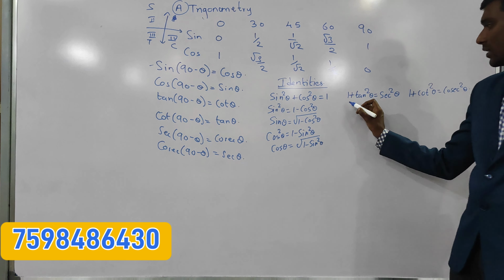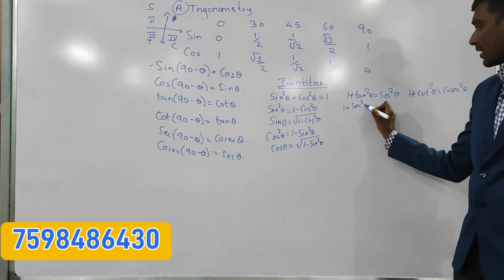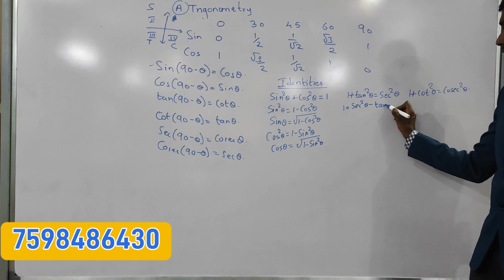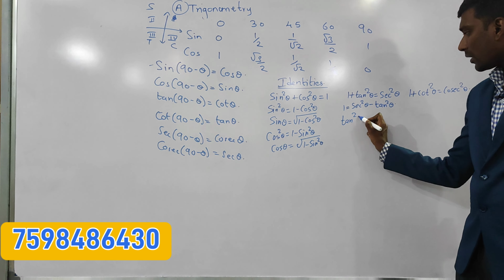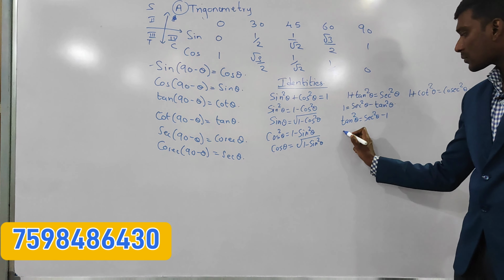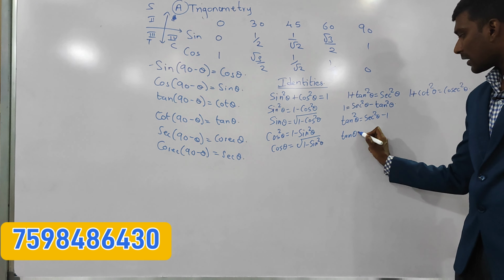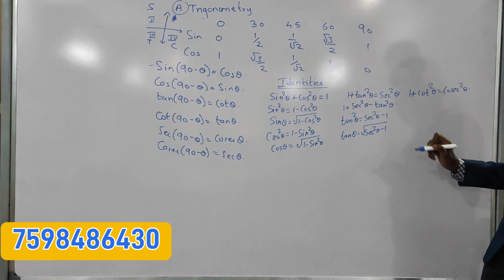Next, here if you see, this can be written as 1 is equal to secant square theta minus tan square theta. Otherwise, tan square theta can be written as secant square theta minus 1, and tan theta can be written as square root of secant square theta minus 1.